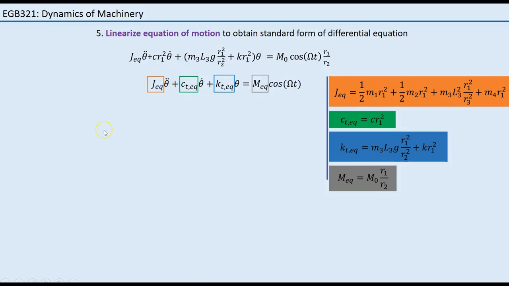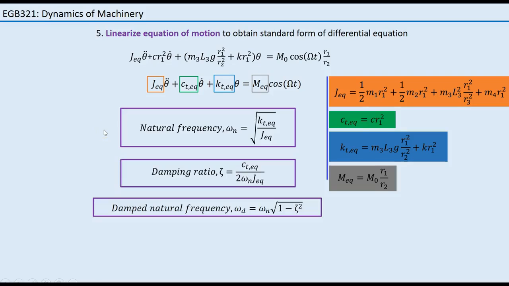This is the final equation. So if we get this kind of equation, then by definition, we can write natural frequency as root over K torsional equivalent by J equivalent, damping ratio as C torsional equivalent by 2 omega n J equivalent, and damped natural frequency as omega n times root over 1 minus zeta squared.